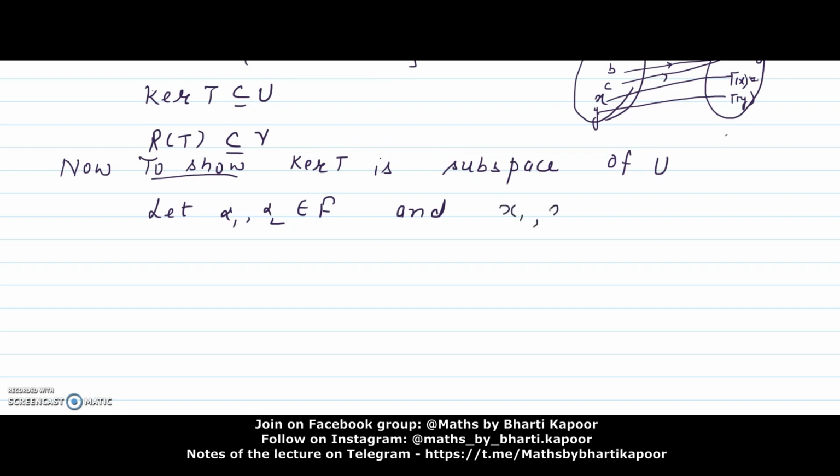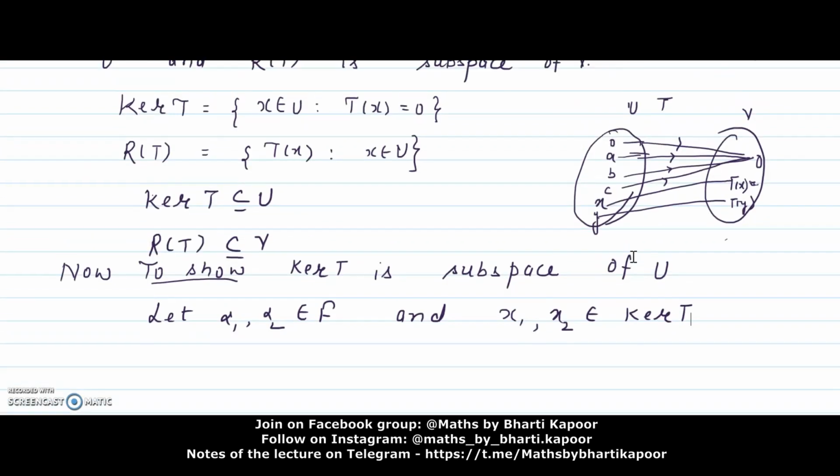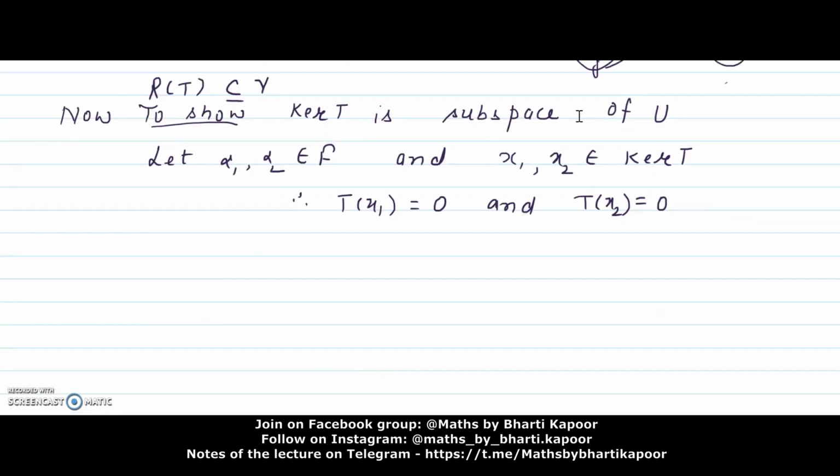Let x1 and x2 be any two arbitrary elements of kernel T. Now by definition of kernel T, if x1 and x2 belong to kernel T, then its T image will be 0, that is T of x1 will be 0 and T image of x2 will be 0. Now kernel T will be a subspace if alpha 1 x1 plus alpha 2 x2 belongs to kernel T. Let's see whether this belongs to kernel T or not.